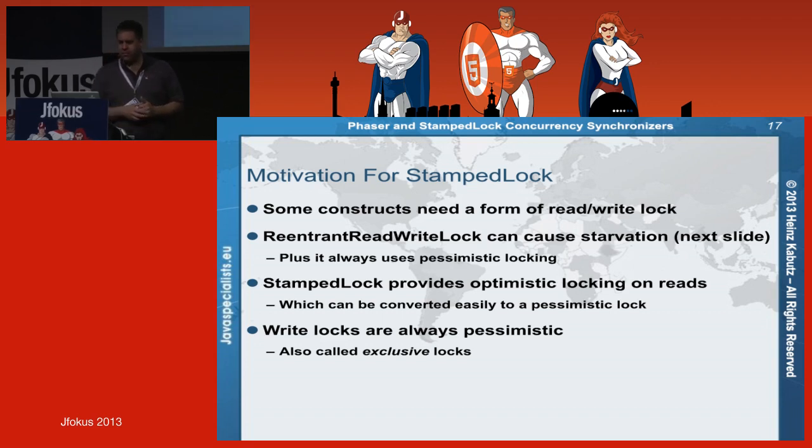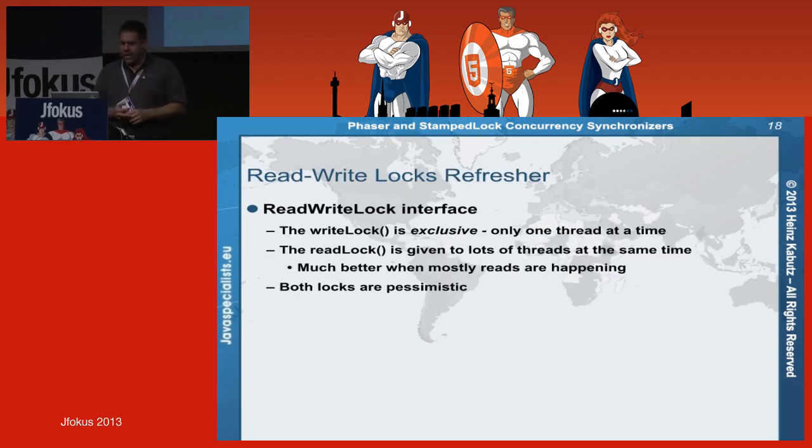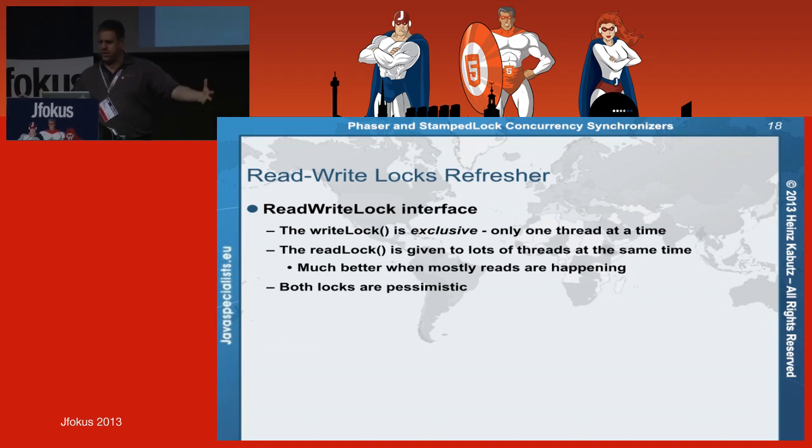Just a very, very brief ReadWriteLock refresher. With ReadWriteLock, you've got two methods, writeLock and readLock, which give you two different locks. With the write lock, you've got an exclusive lock where no other thread can get in there at the same time. Whereas with the read lock, you can allow lots of threads to come in at the same time.